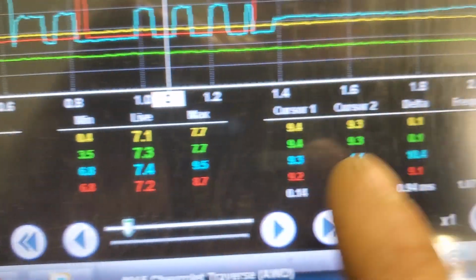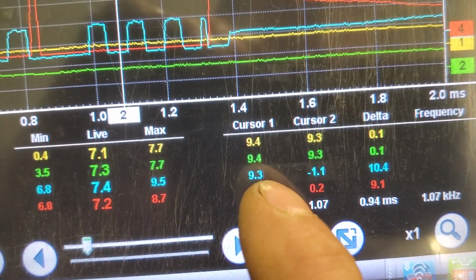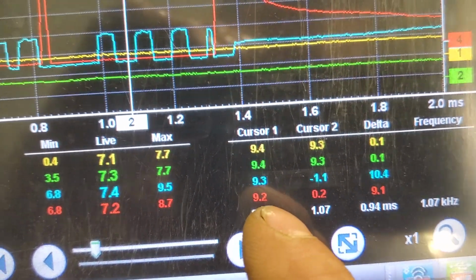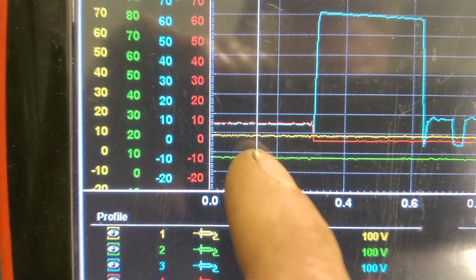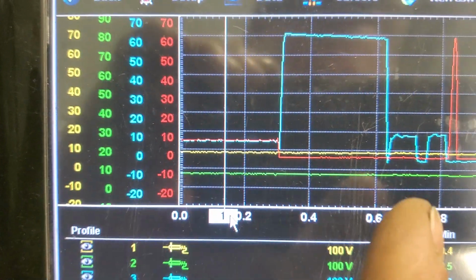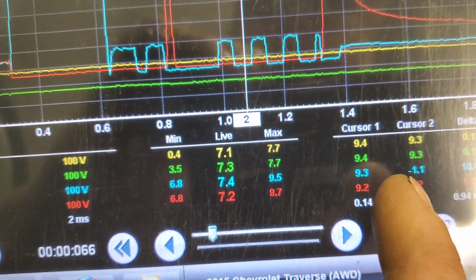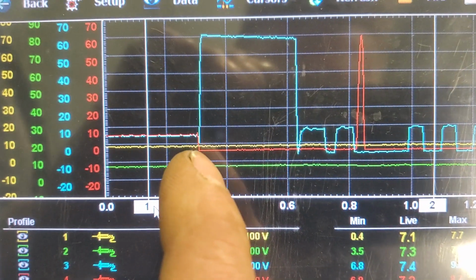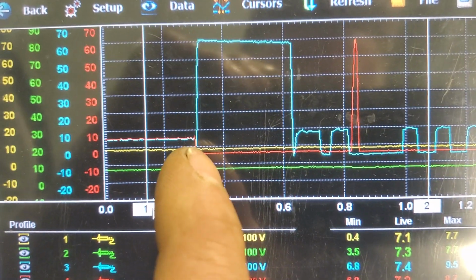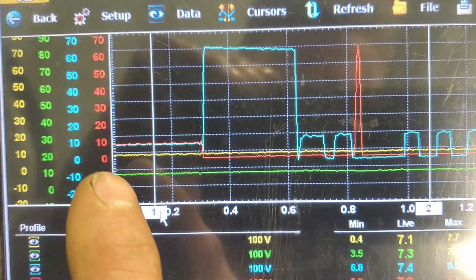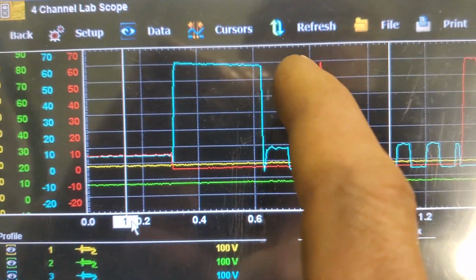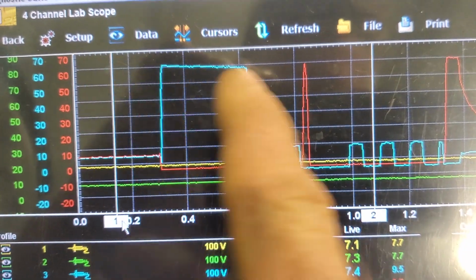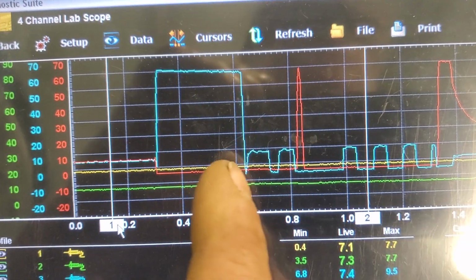You can see cursor 1 for the blue, 9.3 volts, 9.2 on the red. So both sides of that injector, the control and the supply, are at about 9.2 volts starting off. Then you can see that red supply circuit go to 0 volts, and the other one goes to 65 volts. So that must be the charging of the injector that they were talking about.